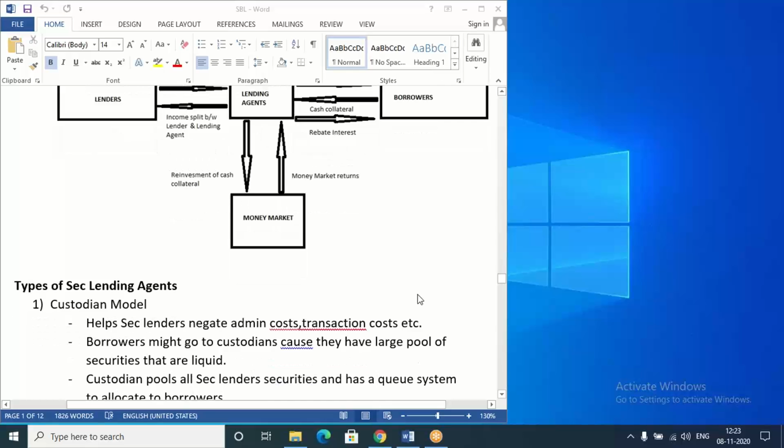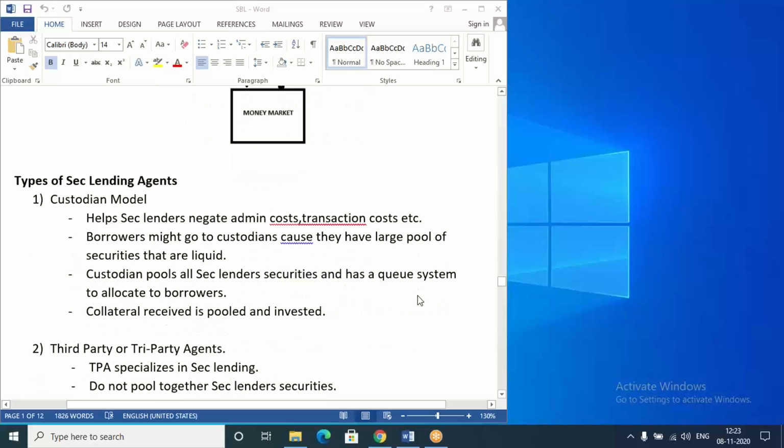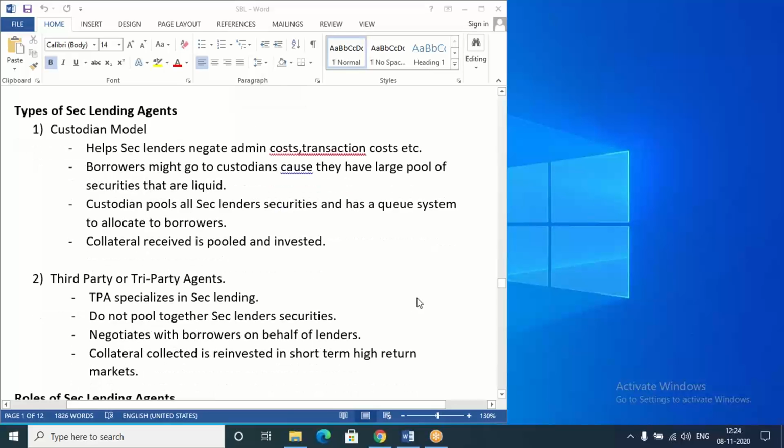Now, as promised, we'll discuss your tri-party agents, which is usually your custodians and someone called tri-party agents.